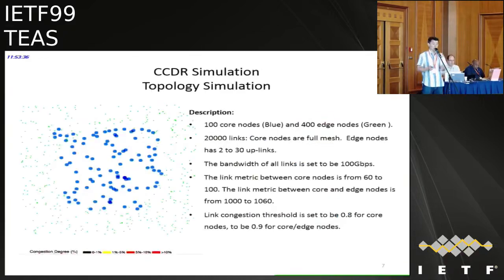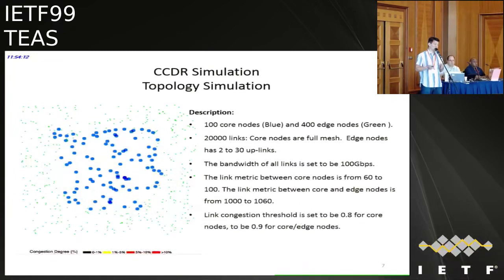And so we did some simulation based on a simulation topology. This topology includes 100 core nodes and 400 edge nodes. All core nodes are cross-mesh connected, and each edge node is connected to 2 to 30 core nodes. The bandwidth of all links is 100 gigabit per second, and the metric between core nodes is from 60 to 100 randomly.